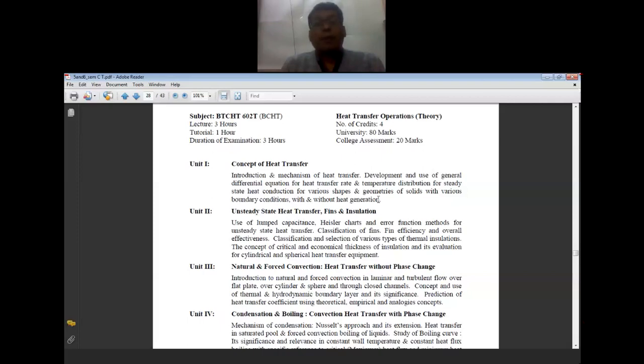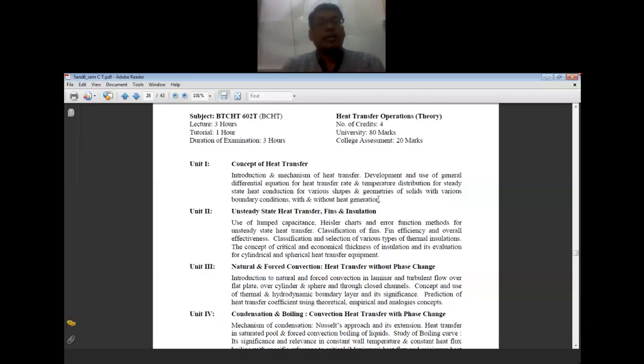But their purpose is for maintenance: what are the different maintenance activities that are needed, and how it is to be fabricated. That is the basic purpose of a mechanical engineer. And for a chemical engineer, how it is to be designed and how it is to be operated. That is the difference in understanding between the mechanical engineer and the chemical engineer.